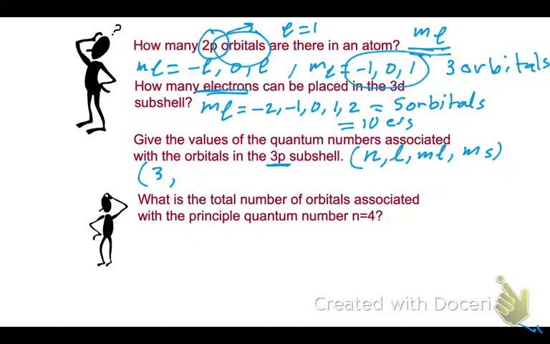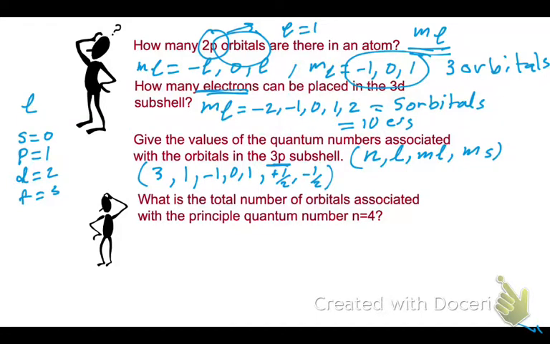For L, remember, s is 0, p is 1, d is 2, f equals 3 when it comes to the L value. So this is a p, which means 1. For ml, the values can be negative 1, 0, or 1. And for ms, I either have plus 1/2 or negative 1/2. These are the possible values.